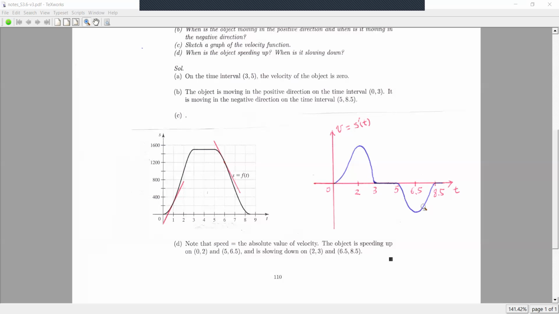Take absolute value on this curve, we will see that the curve is decreasing. Therefore, on the time interval from 6.5 to 8.5, speed is decreasing. The object is slowing down and the object is moving in the negative direction because velocity is negative.